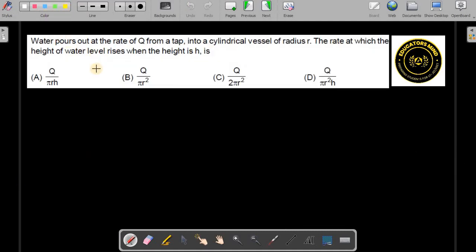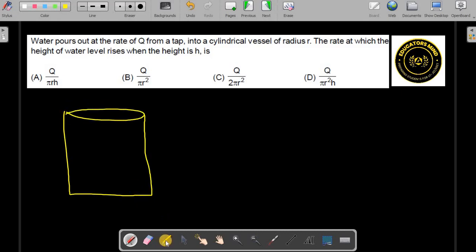Okay, next. Water pours out at the rate of Q from a tap into a cylindrical vessel of radius r. The question asks for the rate at which the height of the water level rises. So suppose there is a cylindrical vessel and water is pouring into it from some tap.